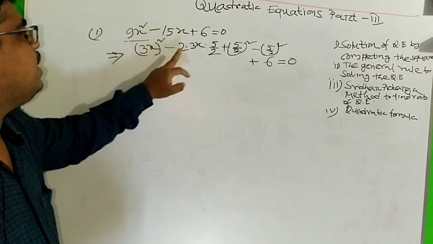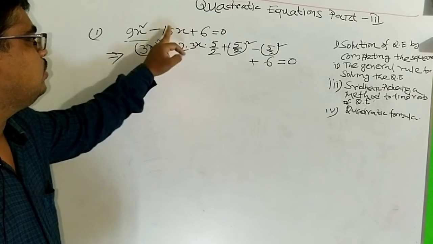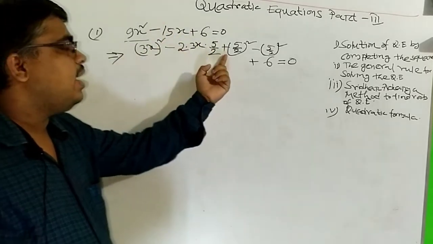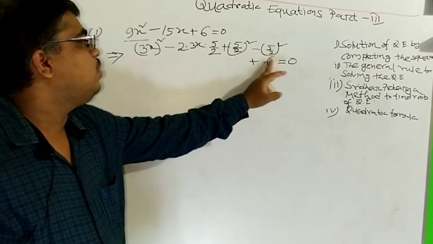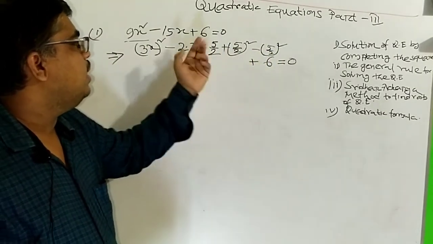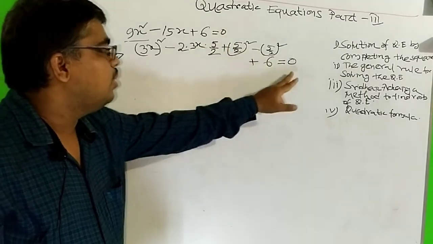Again 15x can be taken as 2 into 3x into 5 by 2, and we add 5 by 2 whole square and we subtract 5 by 2 whole square. Again 6 is as usual in its form, equal to 0.